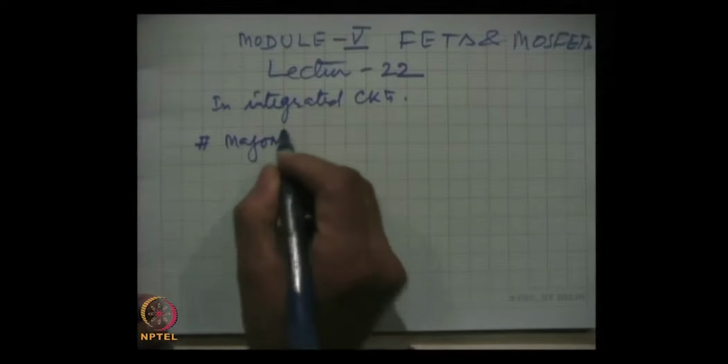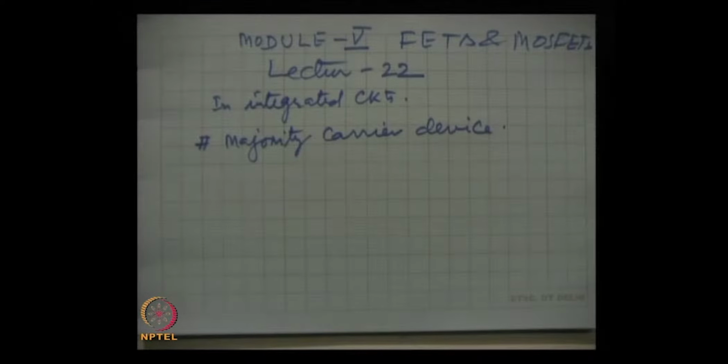And you know that in the bipolar transistor, the main function on which the total operation depends is that carriers are injected from the emitter to the base. Now, in the base, the charges injected from the emitter are in minority.